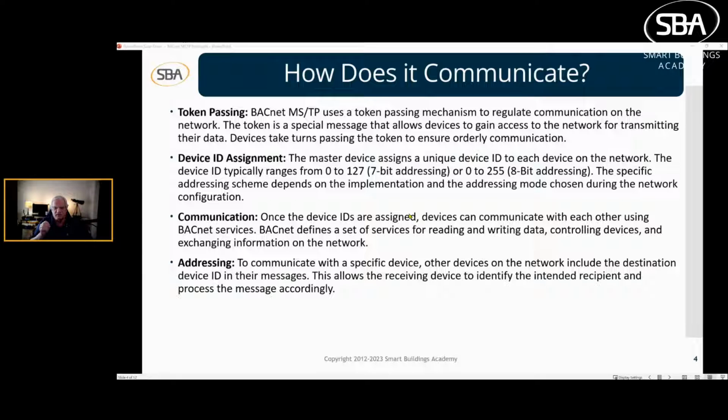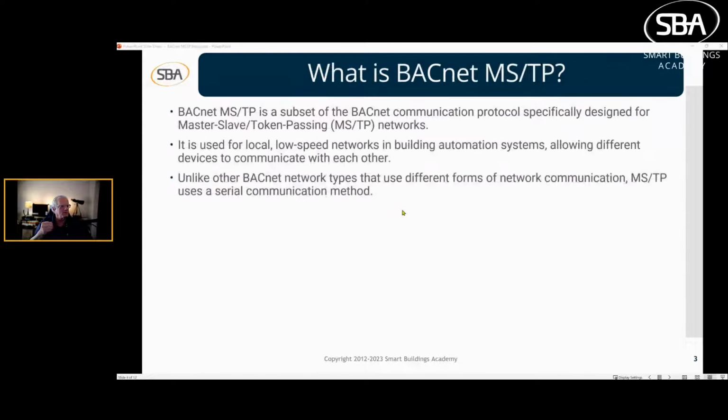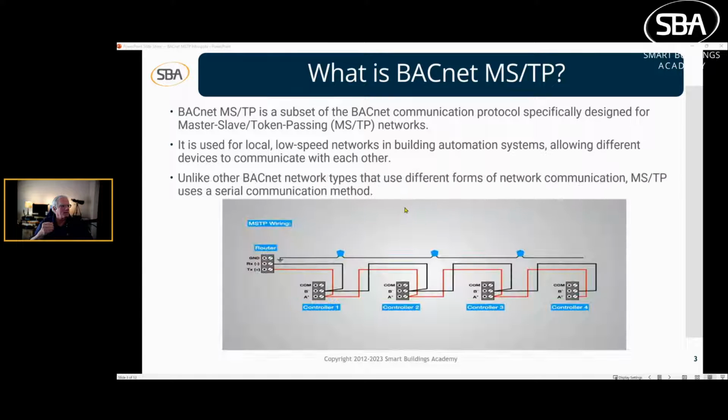This allows a receiving device to identify the intended recipient and process the message accordingly. And I want to go back to our drawing here and show you what I'm talking about. If you look here, this could be the supervisory device or a router. The token includes the device ID's address.